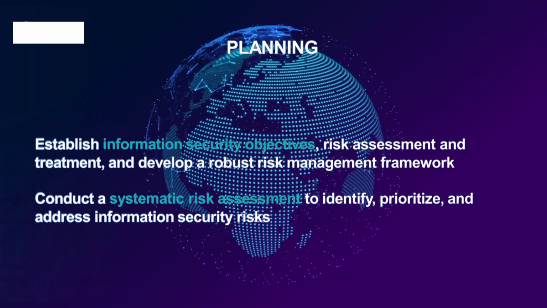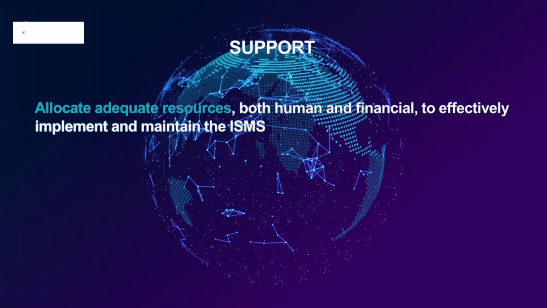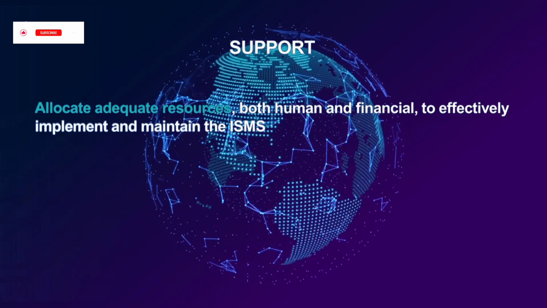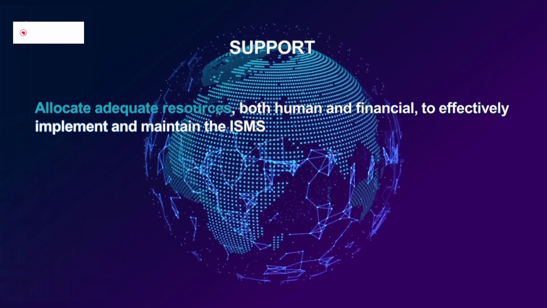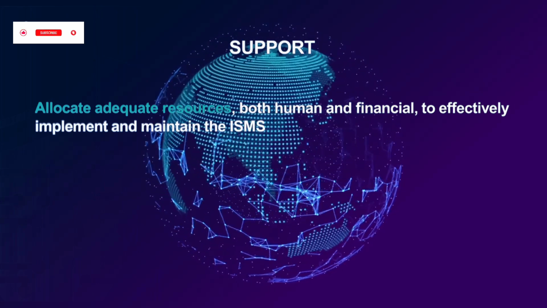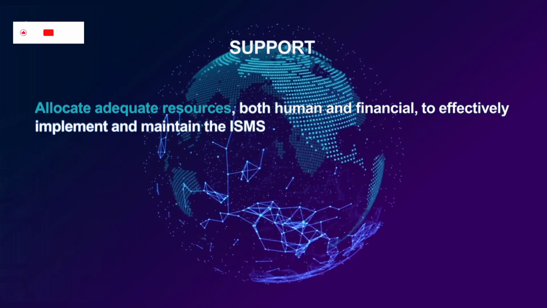So support is where we are going to allocate all the adequate resources we need to effectively implement and maintain the ISMS. We need resources, whether it's human, so we need administrator, we need engineers, architects, we also need a budget.